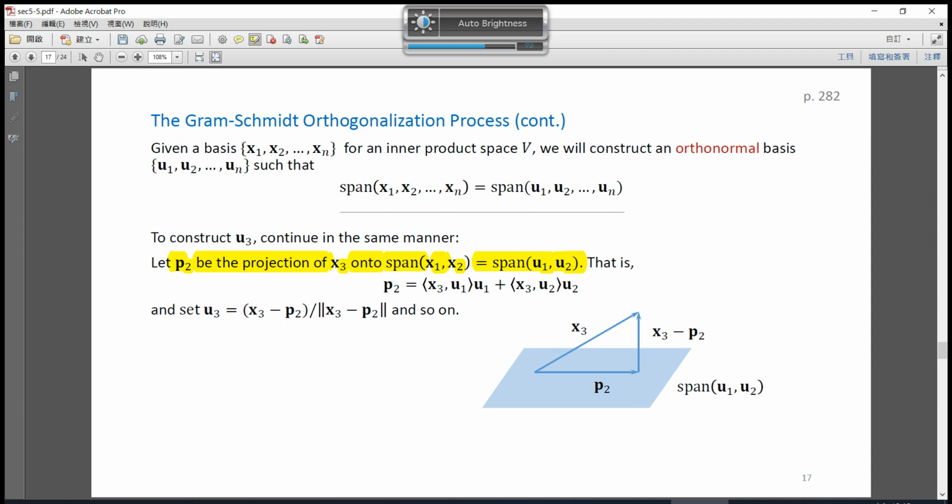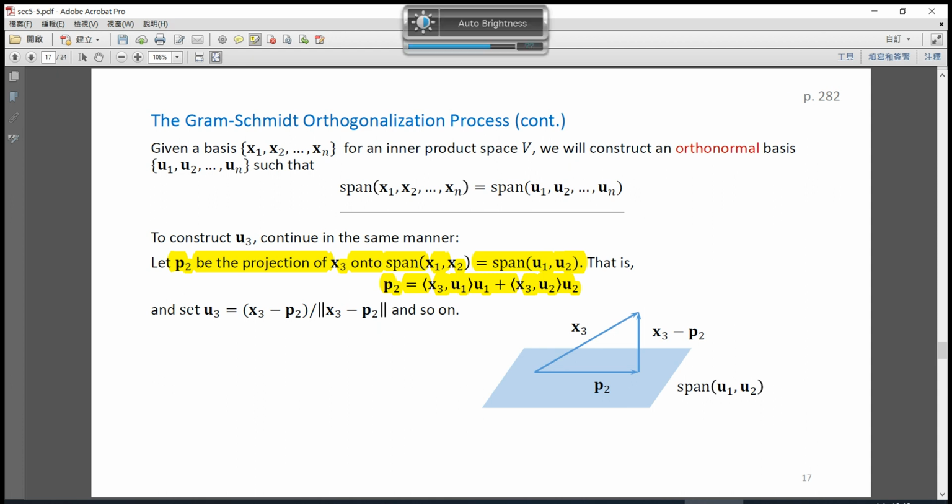And because u1, u2 forms an orthonormal basis for the span of x1 and x2, then we can apply Theorem 5.5.7 to obtain the projection p2, which is c1 u1 plus c2 u2, and the coefficient c1 equals the inner product of x3 and u1, and the coefficient c2 equals the inner product of x3 and u2.